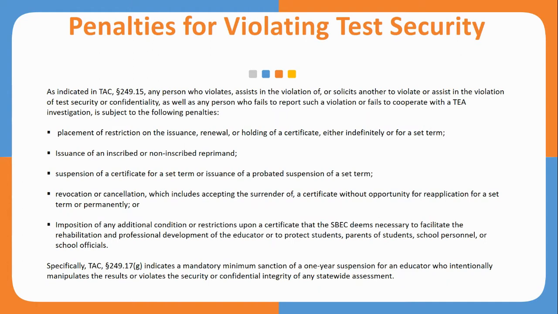Any person who violates, assists in the violation of, or solicits another to violate or assist in the violation is subject to the following penalties: placement of restriction on the issuance, renewal, or holding of a certificate, issuance of a reprimand, suspension of a certificate, revocation or cancellation of a certificate, imposition of any additional condition or restrictions upon a certificate that the State Board of Educator Certification deems necessary.